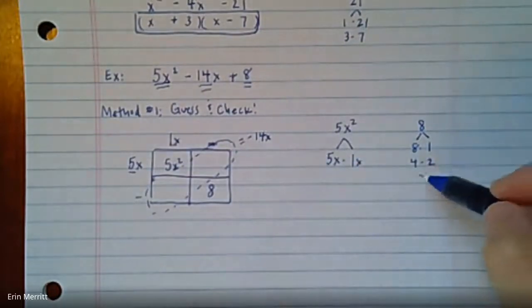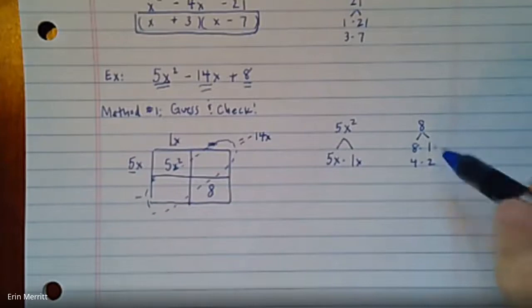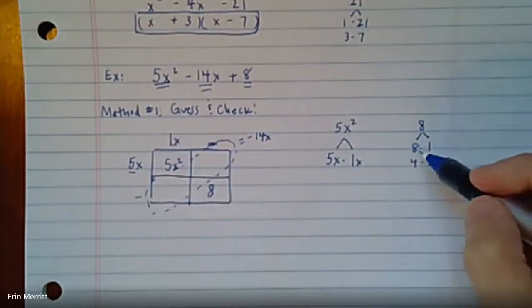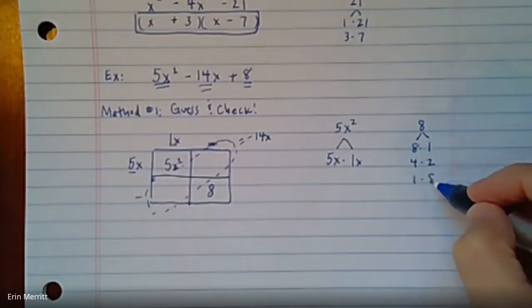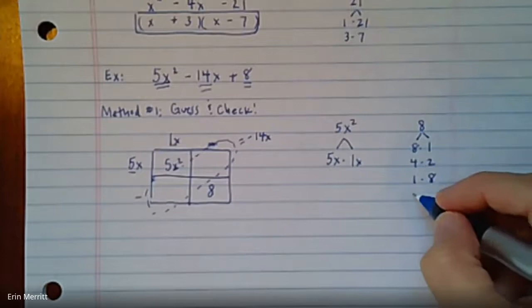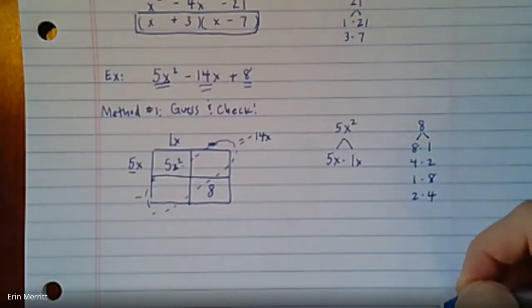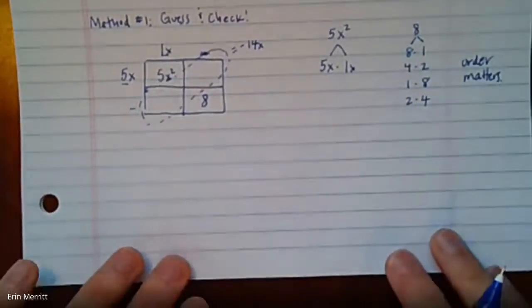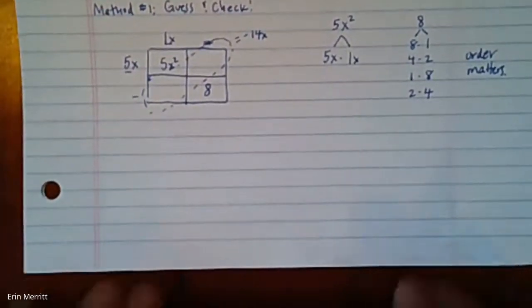So I really actually have to think about the order in which I place them or where I place them. So I can think of it as 8 and 1, but I might have to think of it as 1 and 8. And same thing, 4 and 2, I might have to think of as 2 and 4, depending on where I place them here, right? Because the order or the placement matters.